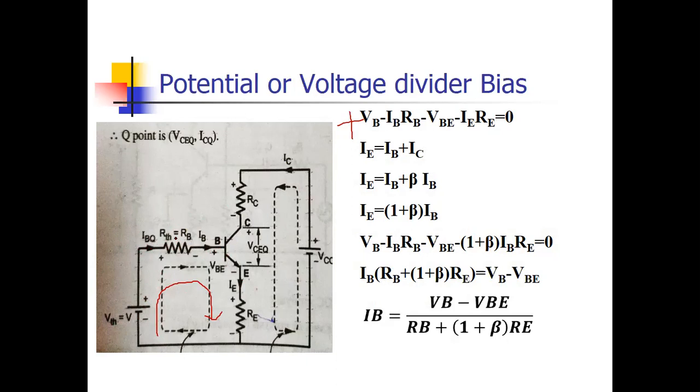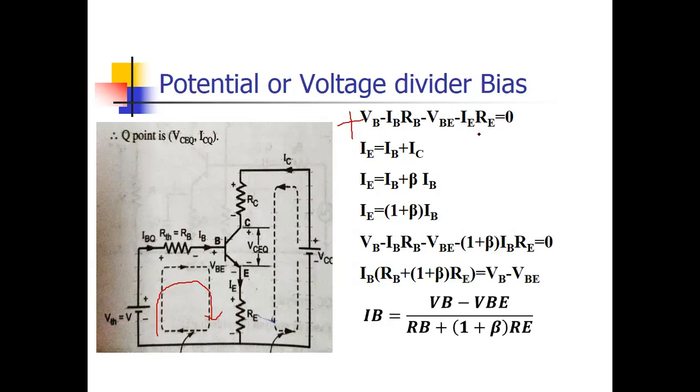Now we are moving from plus to minus, something is decreasing, so the sign will be minus. Now VBE, we are going from plus to minus, towards minus again, so the sign will be minus. And again the direction of current is from this to this, plus to minus, so again we are moving towards minus. So again sign minus IE RE equals to 0.